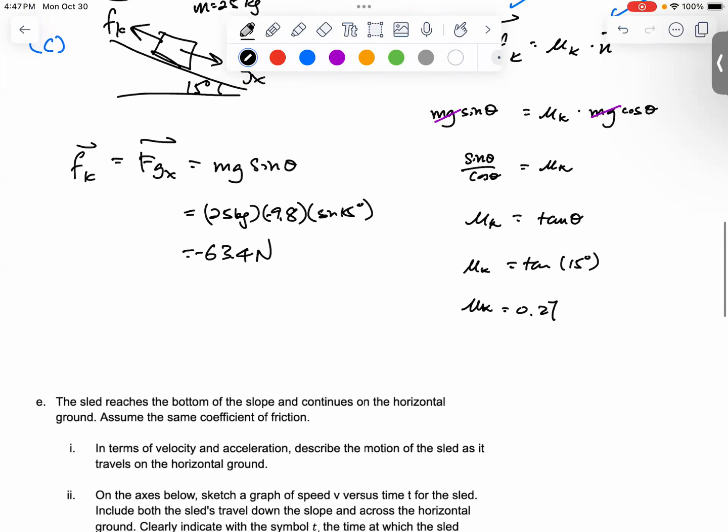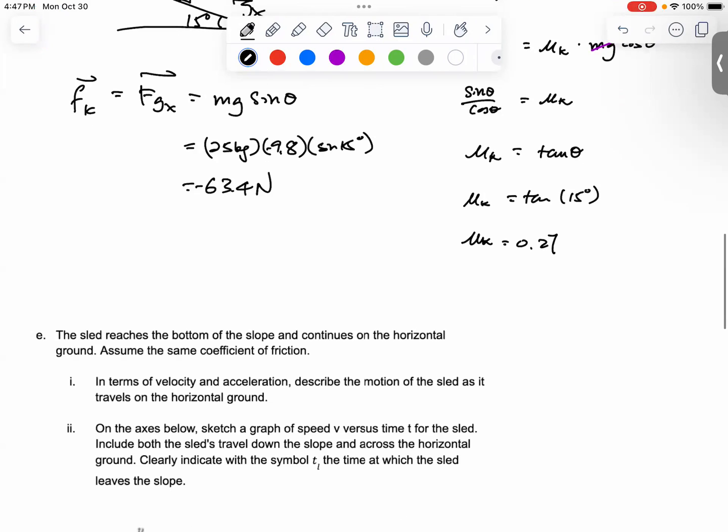But now, if I ask you to extend this thought process, if you're going to use kinematics equations to find out some information, such as how long the sled would stay on the horizontal ground, or what's the distance that it would go forth on the horizontal ground, how would you do it? How would you find out this info?